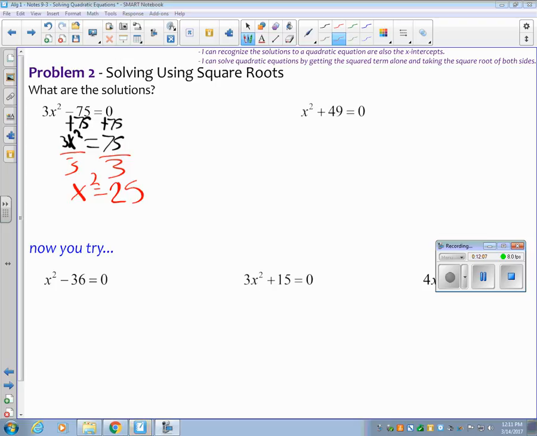So, normally, if this were just a regular x problem, we would stop and go, yeah, x equals 25. But we have an x squared. So what is the opposite of squaring something, Paisley? I'll give you a hint. It has the word square in it.